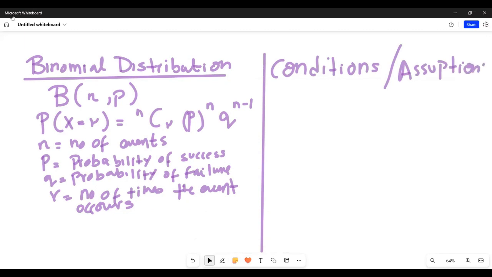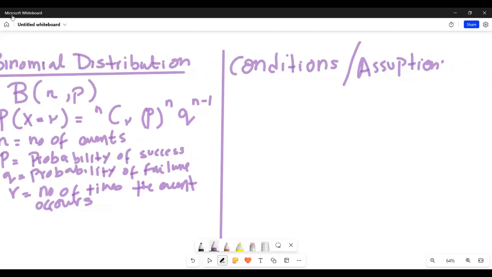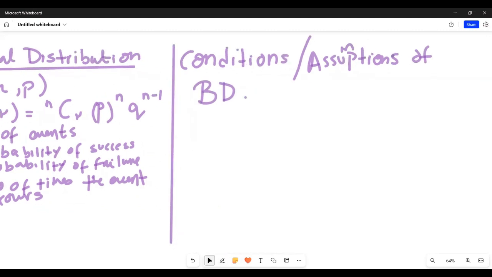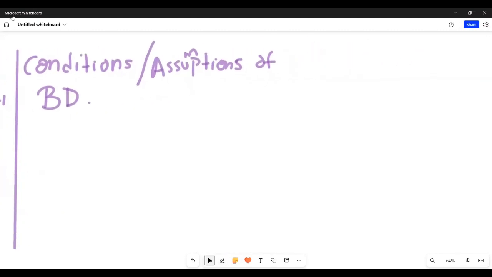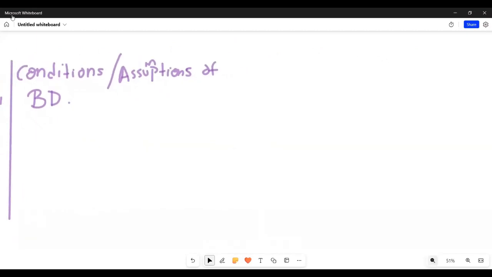Conditions or assumptions of binomial distribution. Before I write these conditions down, I'm going to do an example question and then we will talk about the conditions. Okay, here's the example question.